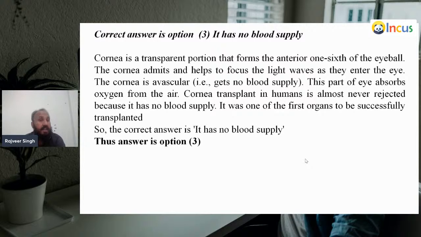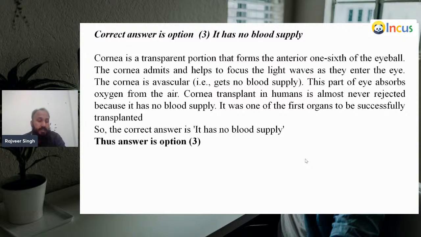This part of the eye absorbs oxygen from the air. Cornea transplant in humans is almost never rejected because it has no blood supply. It was one of the first organs to be successfully transplanted. So the correct answer is: it has no blood supply. I hope you understand why we chose these options. Now we come to the next question.